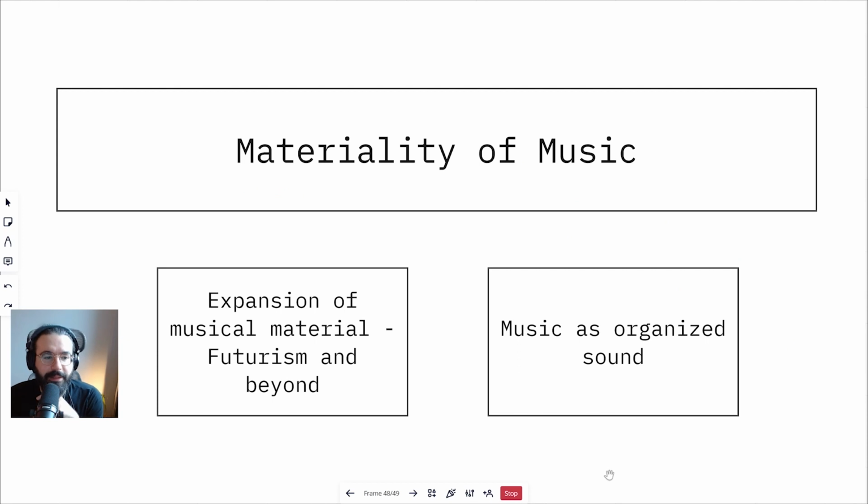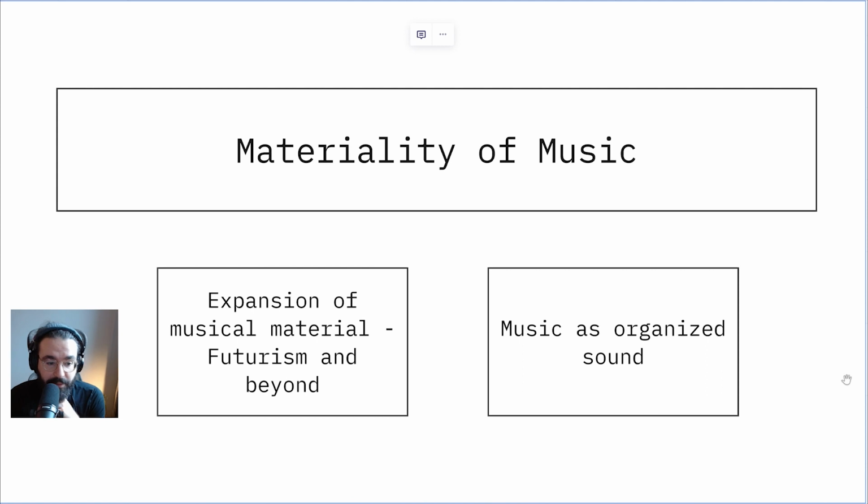To sum up, in the first part of this lecture, we covered the materiality of music. We dove into musical composition and sound studies in the 20th and 21st century. First, we covered the expansion of musical material, starting from the beginning of the 20th century with the Futurism movement.